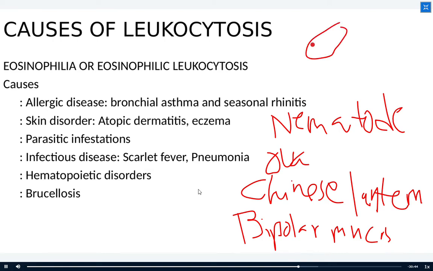Bipolar mucus plug din yung ganun. Okay, so you're Kuris. Very good. Sino yung class? Sino yung Japanese lantern? Kilala niyo yung Japanese lantern, ova?